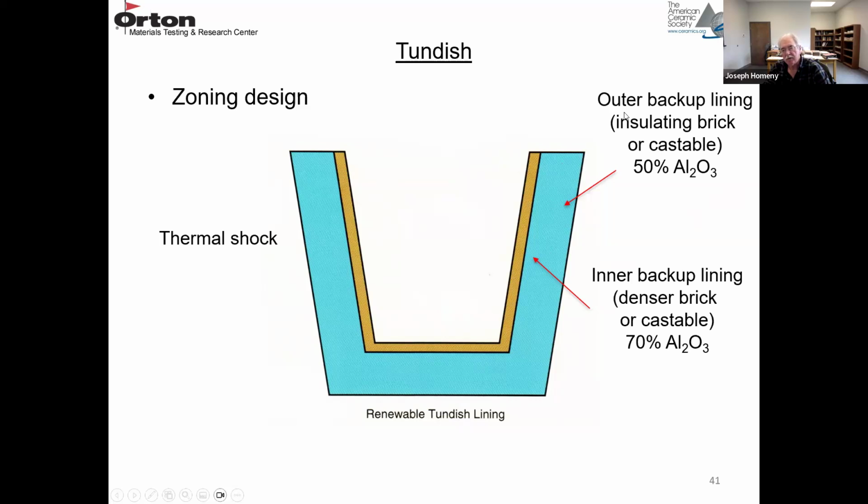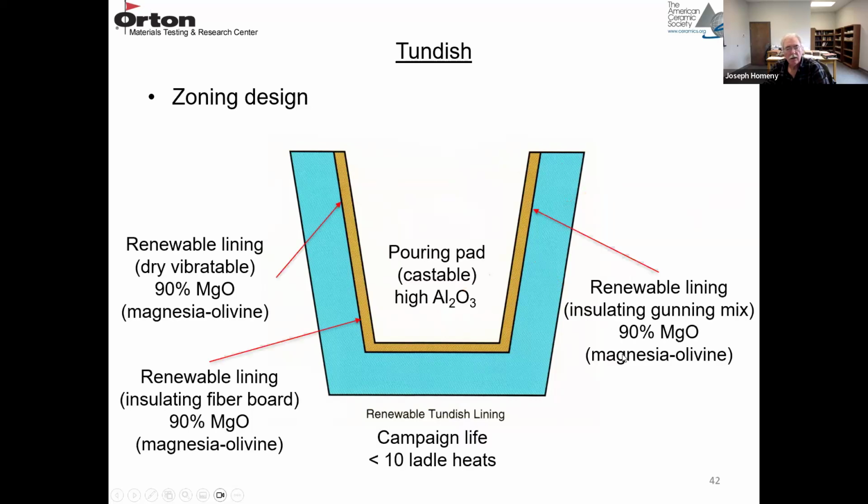This blue area actually has two linings, an outer backup lining and an inner backup lining. So the inner backup lining is a denser brick or castable, higher in alumina content. So these are the permanent linings. And then the inner lining is the renewable lining.